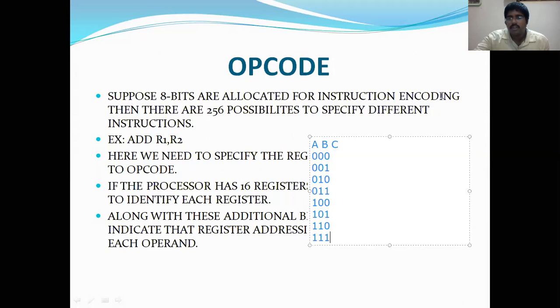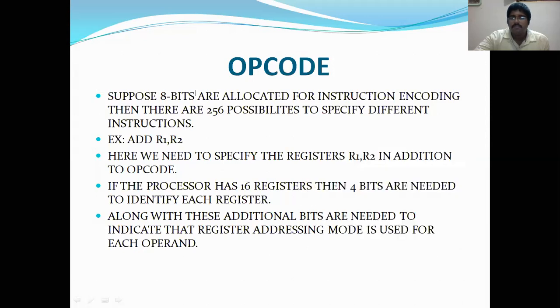Just like this example, if I have three bits called ABC, then I have 8 possible notations. Similarly, if 3 bits give 8 combinations, if I have 8 bits, I can get 2 power 8, which means 2, 4, 8, 16, 32, 64, 128, 256.